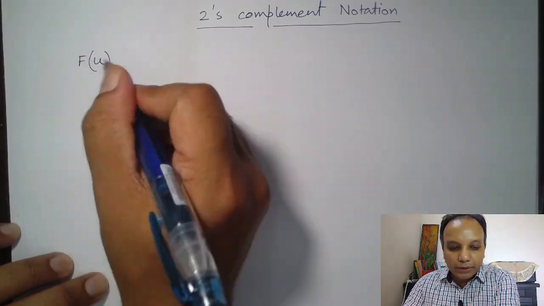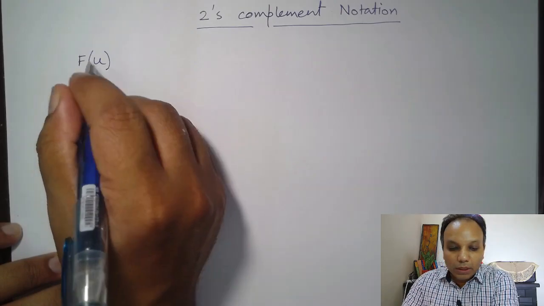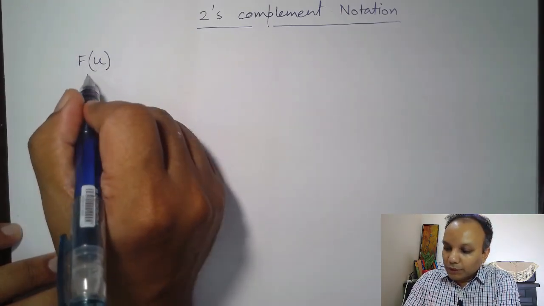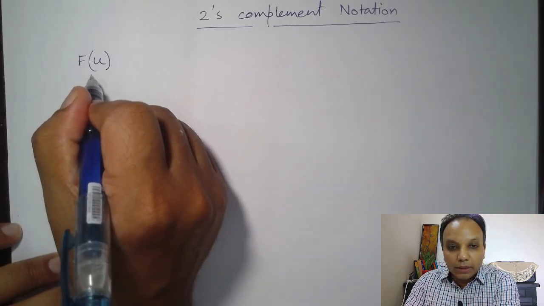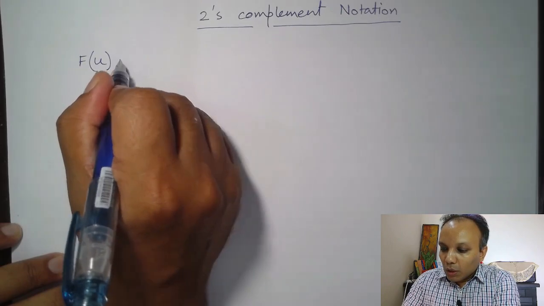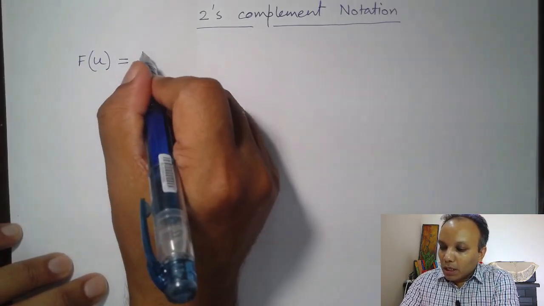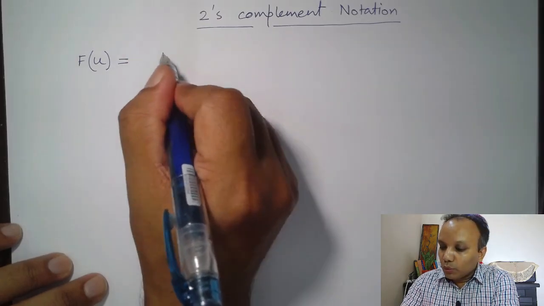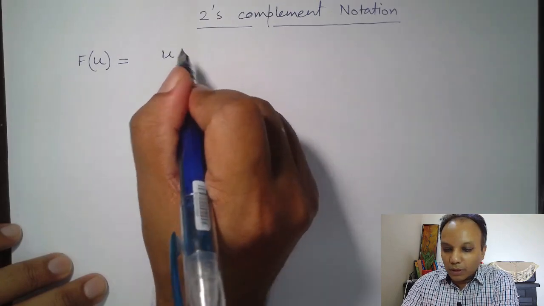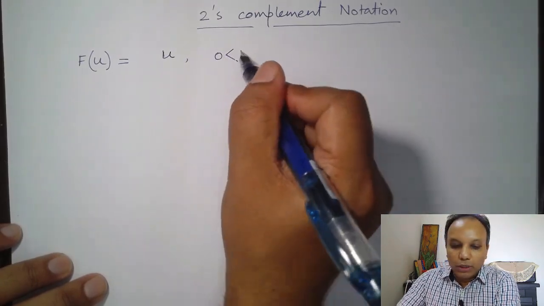So let us say this u is the index, which is basically pointing to a number in the number circle. Okay. So in the 2's complement method, a number u will be represented as the number u if it lies between 0 and 2 to the power n minus 1 minus 1.